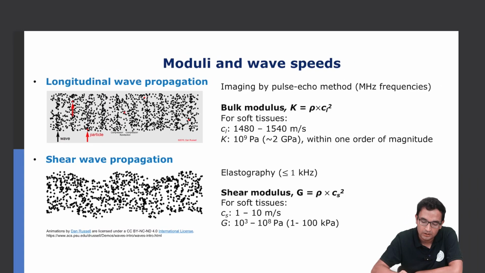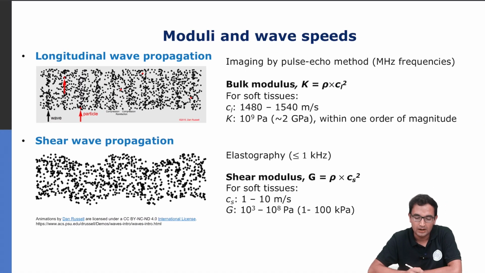Now, let us discuss the types of wave propagation and how it is useful in elastography. If we look at the longitudinal wave propagation, the speed of sound is fairly similar for soft tissues. There is a certain range, but it does not vary much.